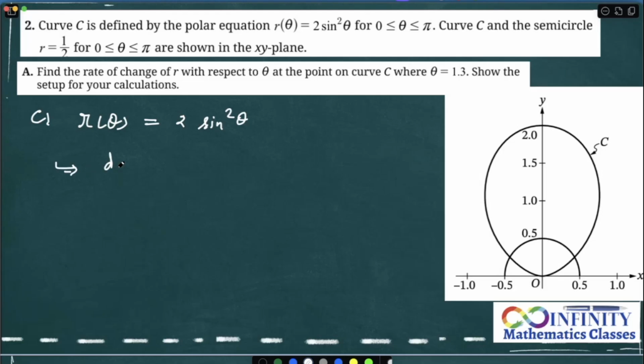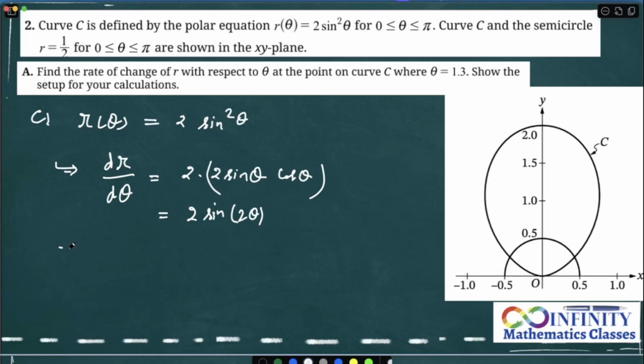To find the rate of change, that means dr over d theta. It is 2 sine theta cos theta, and this whole term is going to be sine 2 theta. You need to find the rate of change at theta equals 1.3.